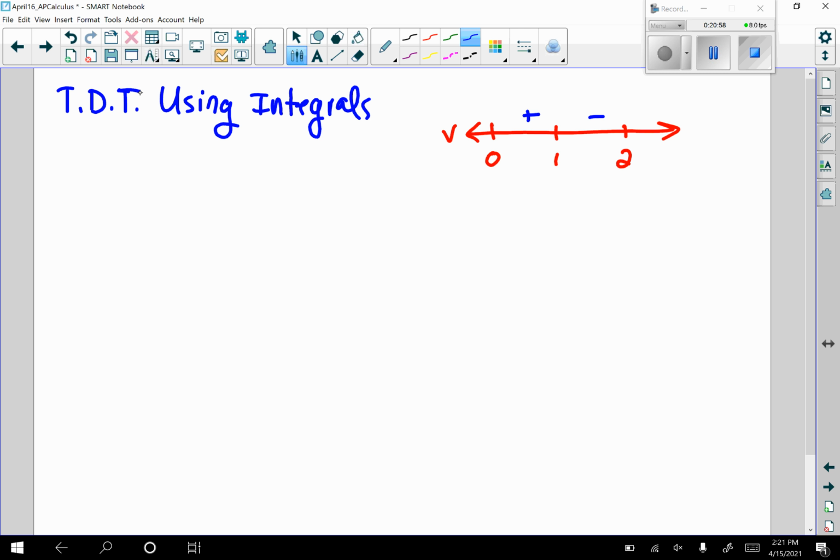But let's go ahead. We can graph the velocity function. And we could kind of graph it right over this because we know our velocity function was a quadratic, so we know our parabola is above the x-axis between 0 and 1.